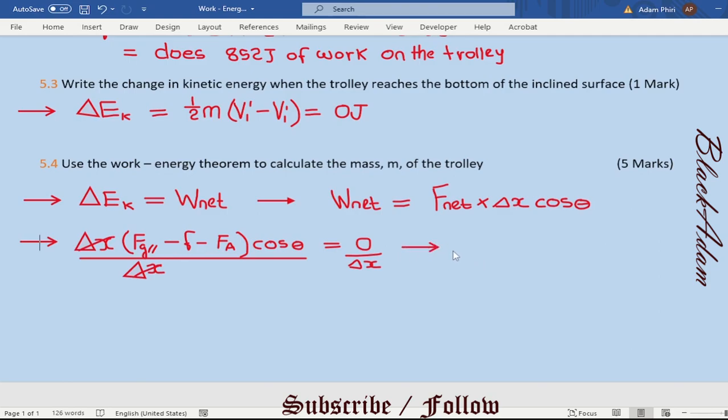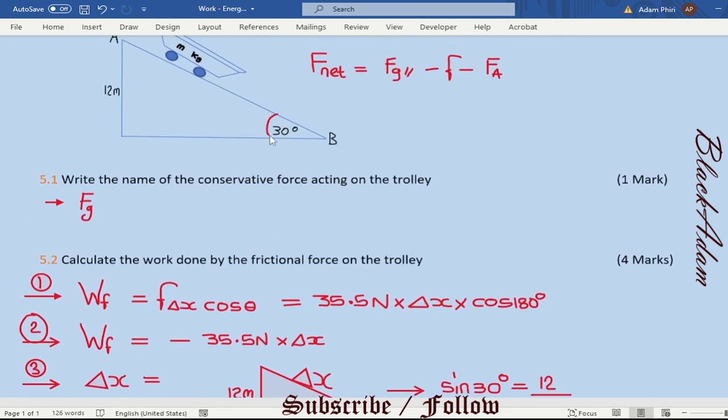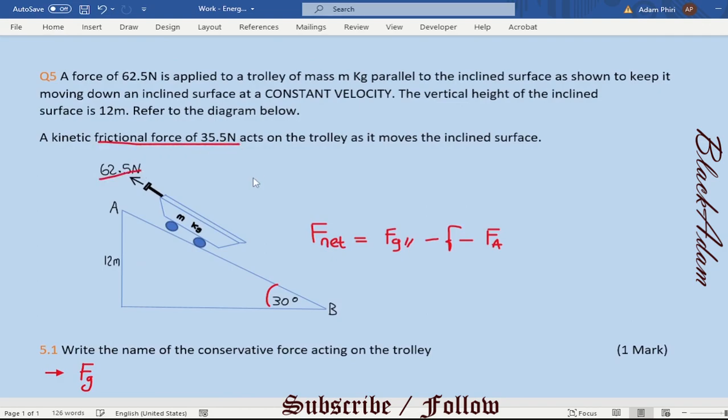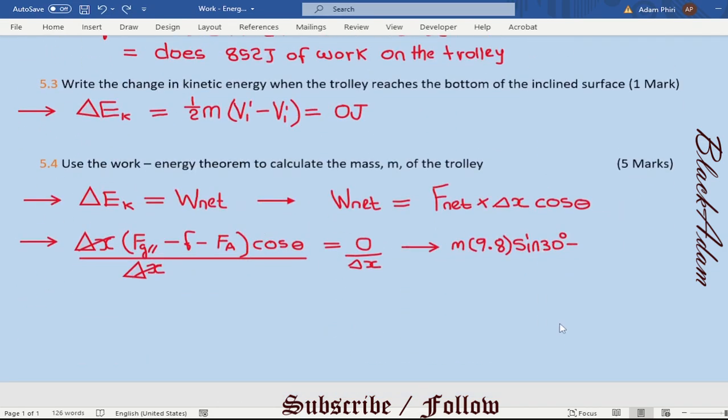So what we have is m, which is FG parallel, mg, with g as 9.8, times sine of 30 degrees for the inclination, minus the frictional force 35.5, minus the force applied, 62.5.